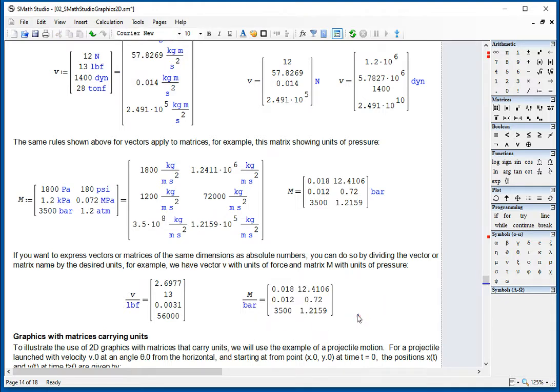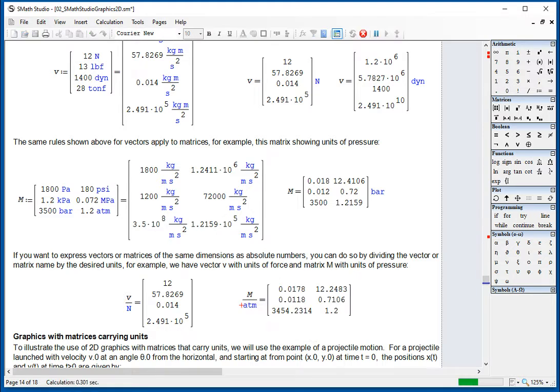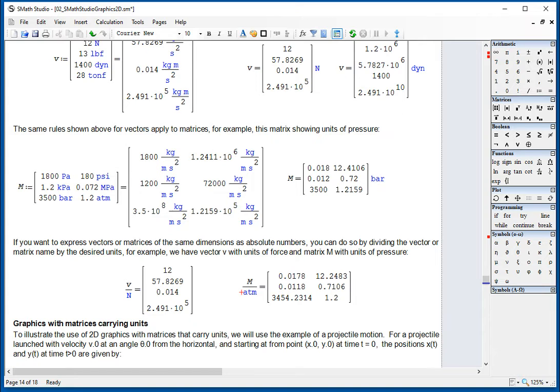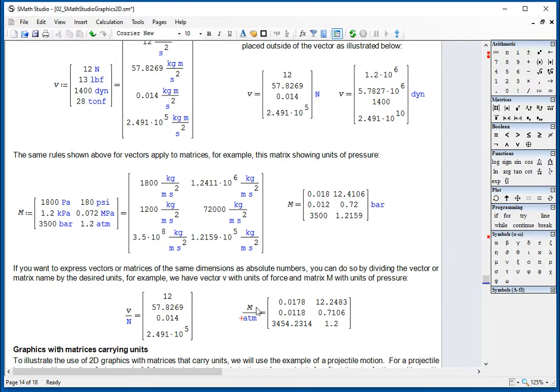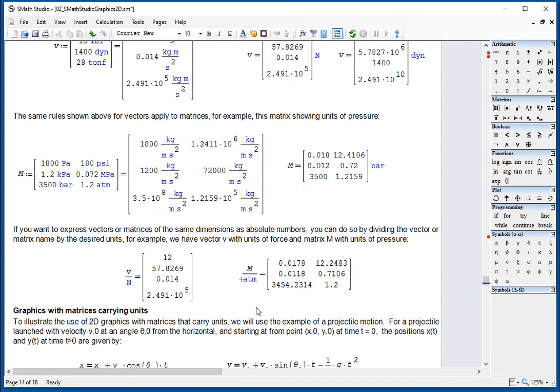We're going to be using that with graphics. And here we divided by pound force. We could have divided by Newton, and it would give a different value, and here we could have divided by atmospheres, and it will give me different results. All right, so this is regarding the use of units in vectors and matrices.